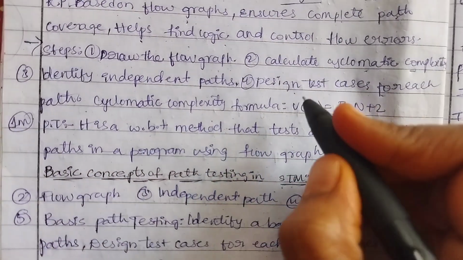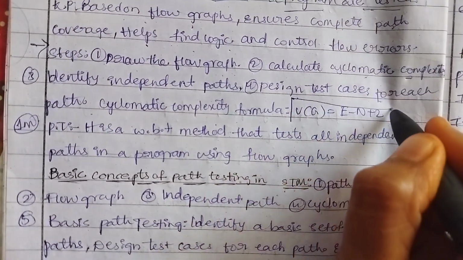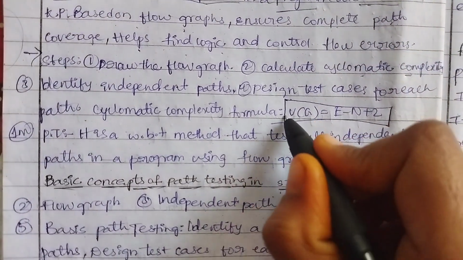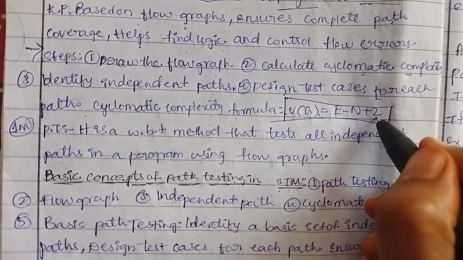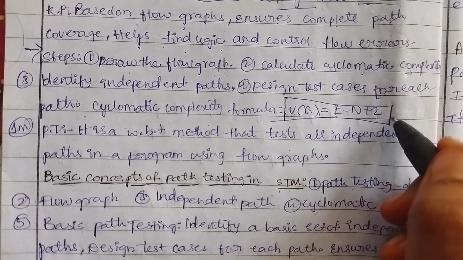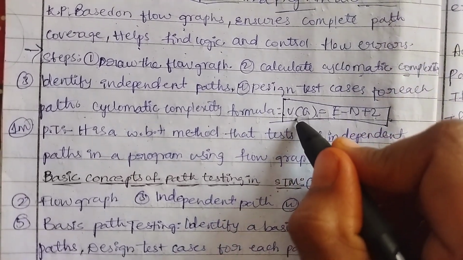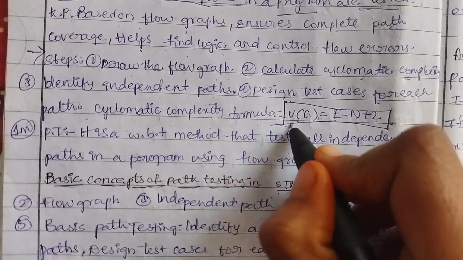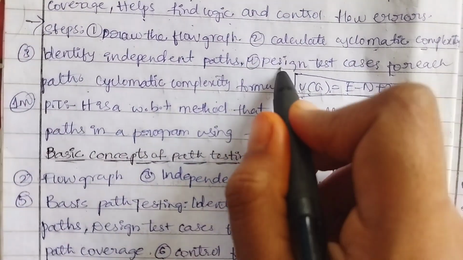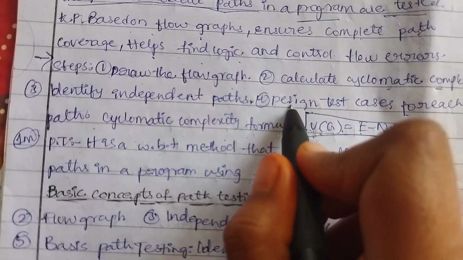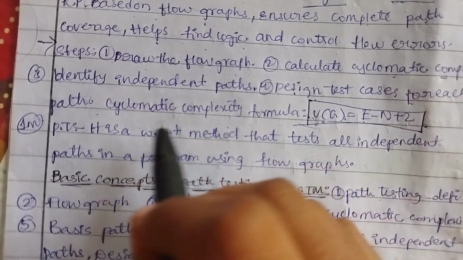Cyclomatic complexity formula is V of g equals e minus n plus 2. V is the vertices of the graph, E is the edges, n is the nodes, and adding 2. These terms together are known as V of g. This formula is the cyclomatic complexity formula, used for the fourth step of path testing.